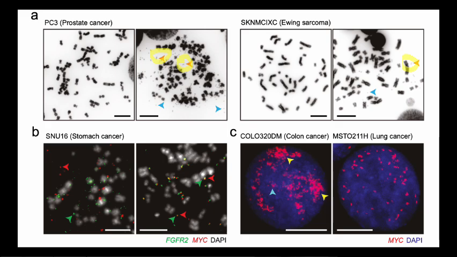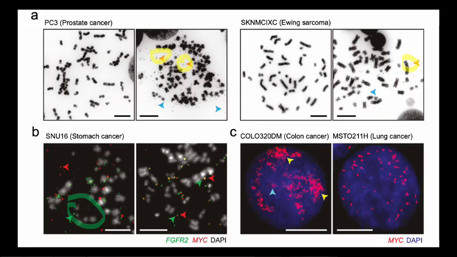So if you pair FISH with a karyotype, you can really tell which genes are being amplified on what chromosomes. And here, as you can see below, we have number one, FGFR2, which is a fibroblast growth receptor oncogene, and it's being expressed on these demons here.